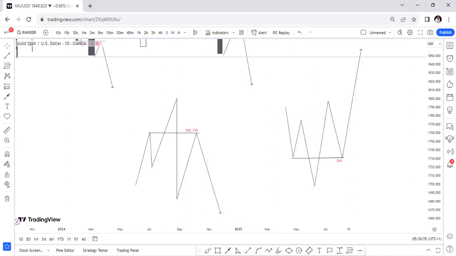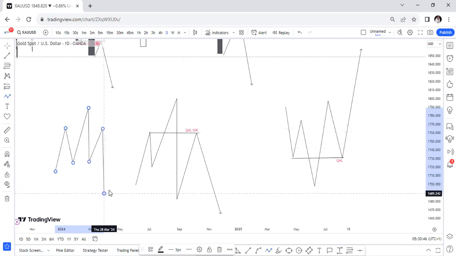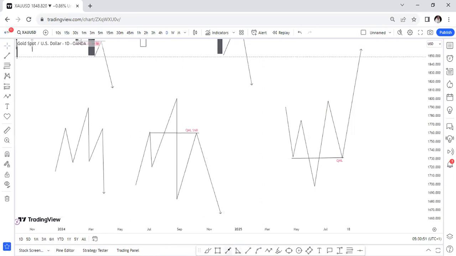But for head and shoulder pattern, if you see this like this, so that's head and shoulder pattern. HNS, SNR.